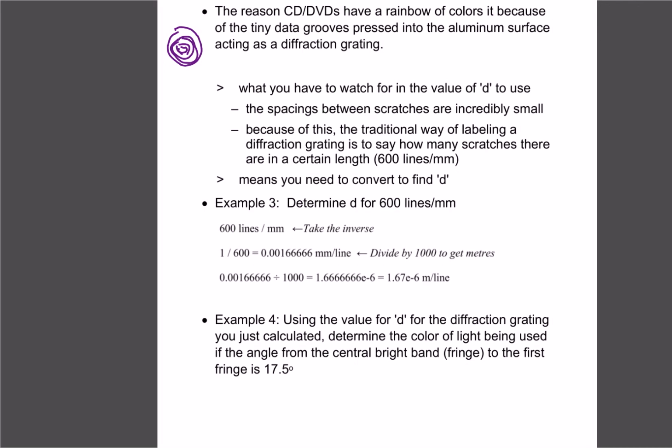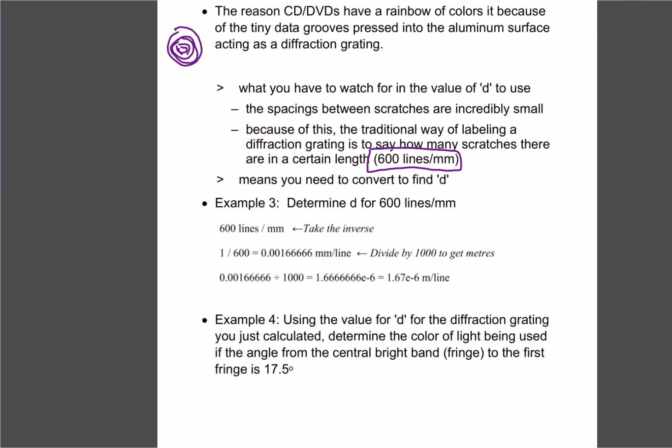So the only thing you've got to be careful of for a lot of these questions is quite often they'll give you the D number as how many lines per millimeter or how many lines per meter. So in this example, I've got that the diffraction grating has 600 lines per millimeter. So what we need to do is figure out what that distance is between each line. So you just have to do the reciprocal.